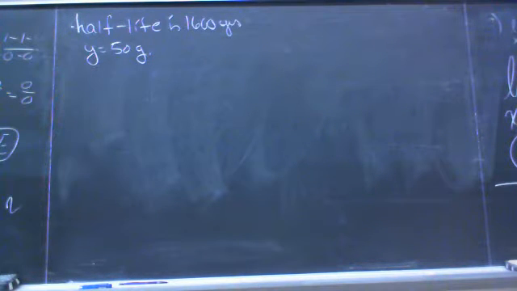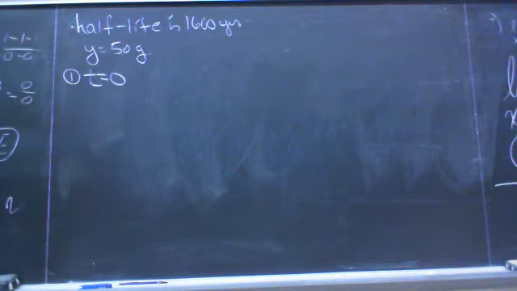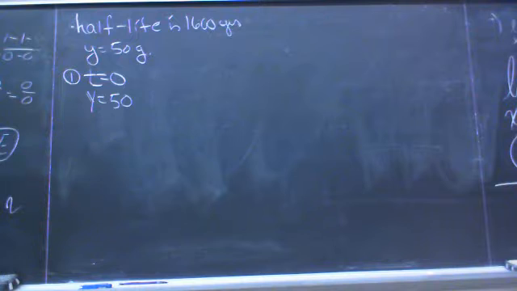All right. We're going to solve this problem in like 3 levels or 3 major steps, and it's always the same. The first step is we're going to let t be 0, meaning at time t equals 0 years, we started with 50 grams. So that means y equals 50. Does that make sense to you?